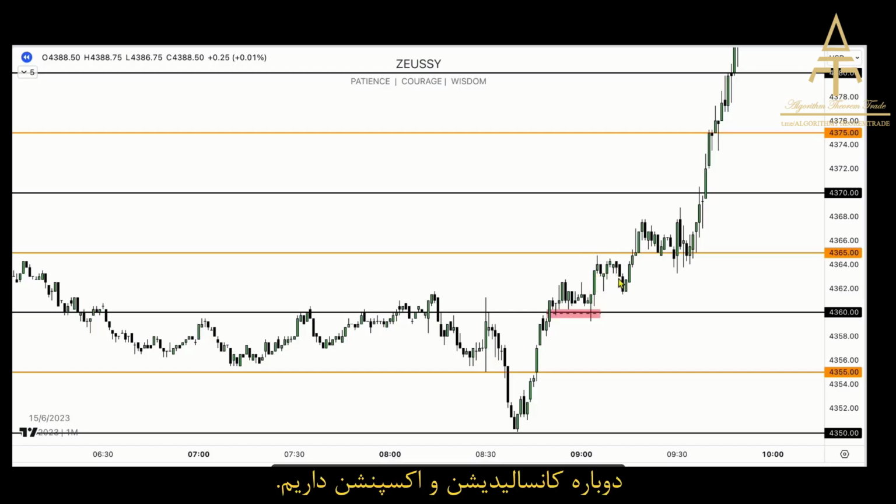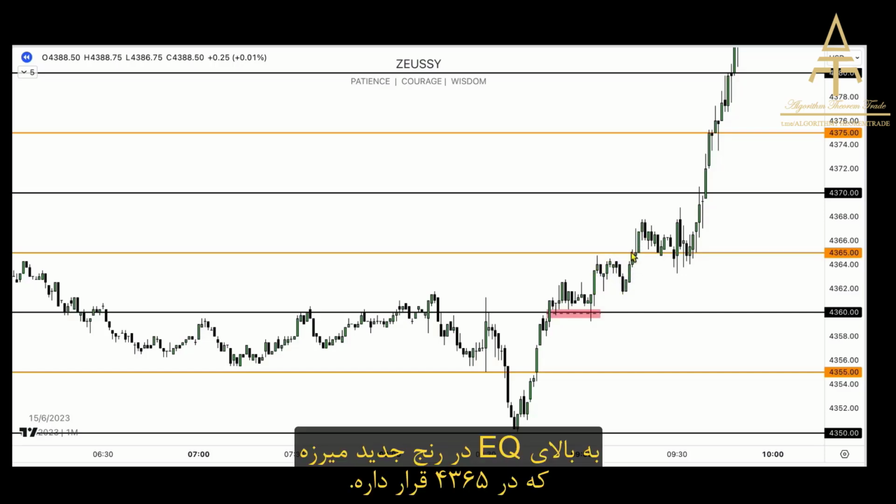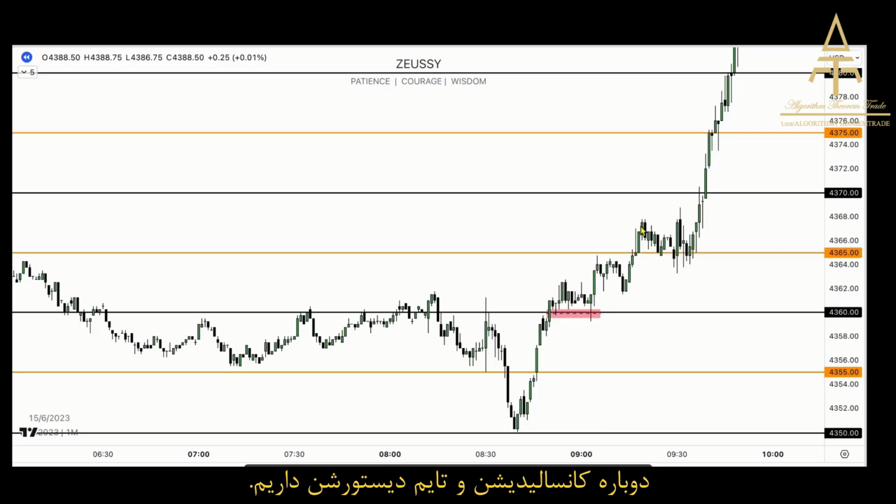The market consolidates again and it begins to expand. It trades above equilibrium of that new range at 43.65. Market consolidates, time distortion takes place. And then 9:30 comes along and the market begins to run higher aggressively, trading towards the 43.80 price level.